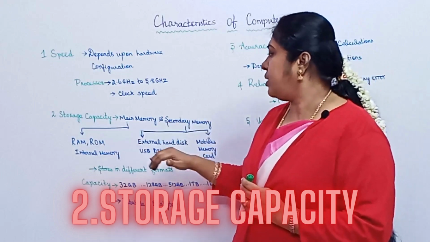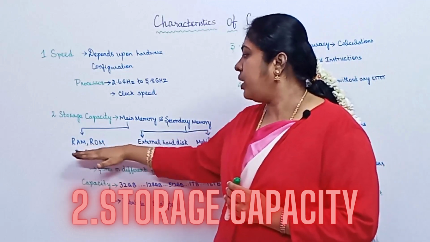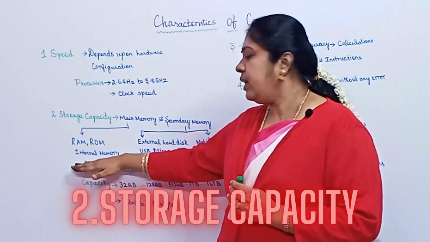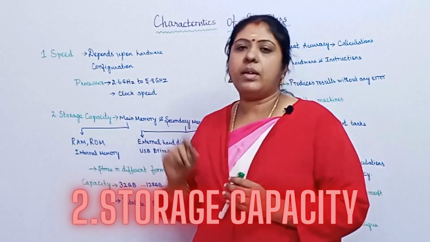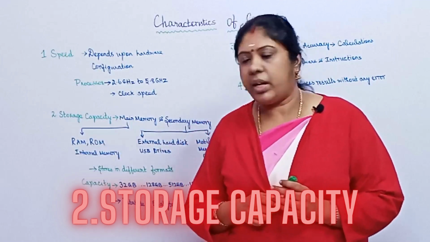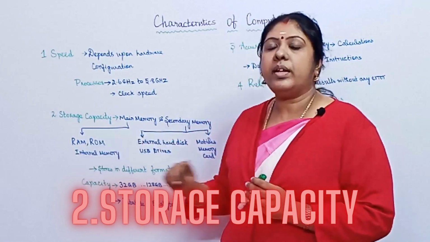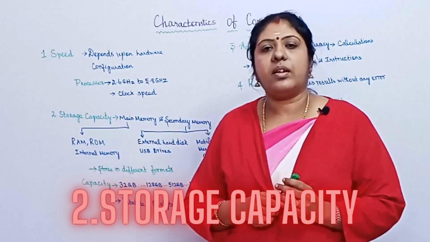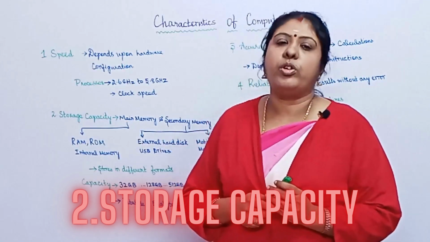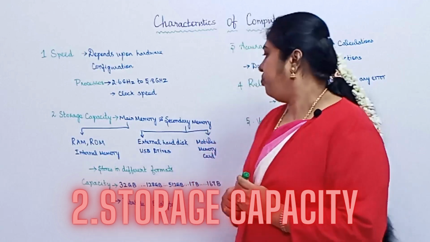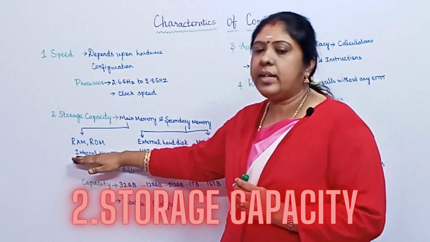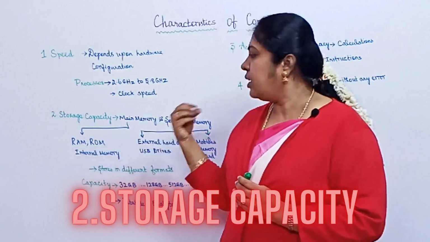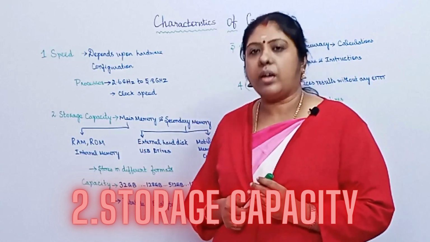The main memory is divided into RAM and ROM, which is called the internal memory. RAM is the random access memory, and ROM is the read only memory, which are the very basics of the computer you may already know. These are called the internal memory, which is stored internally within a computer.